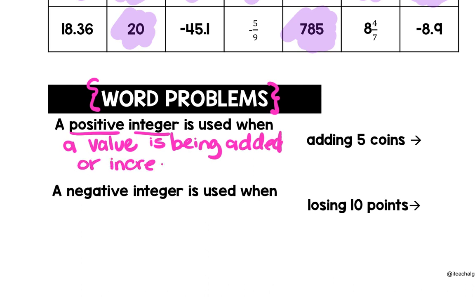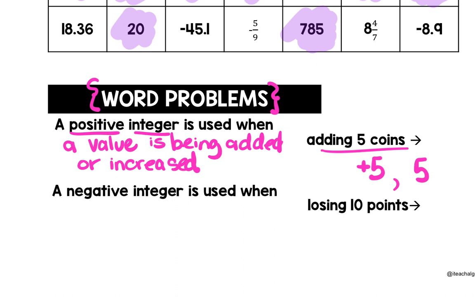Positive means going up. Adding 5 coins, for example, this would be a +5. And a lot of times we've been dealing with positive numbers all along. We just write 5 sometimes. We don't always need the positive in front of it. If it's negative, we do need that negative sign in front of it.